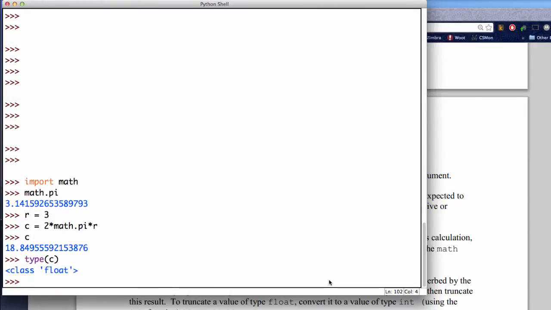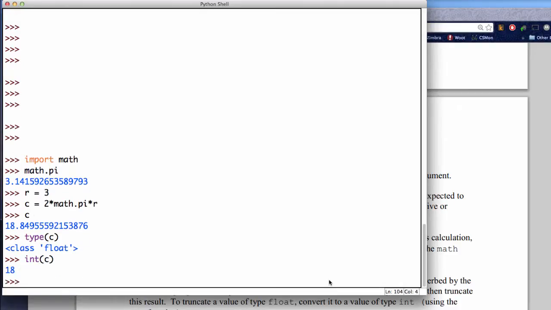That is a float. And one way I can truncate that is to take my circumference and convert it into an integer. What that does is truncate. That is, it just chops everything off after the decimal point, leaving us with the 18. So that's one way to truncate. There actually is a math.trunc, but we don't need to deal with that. Okay, so there's a little bit about math and math.pi.